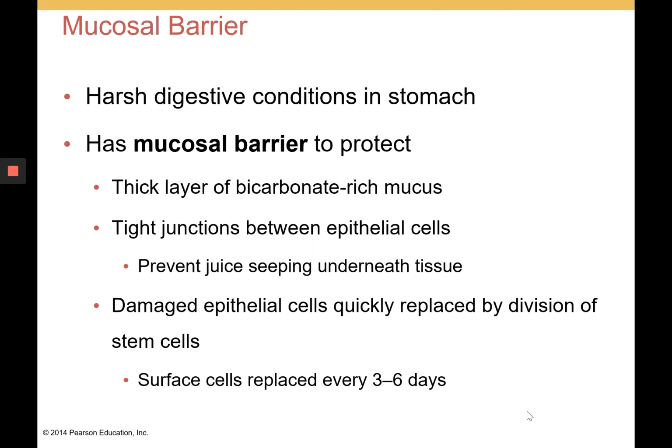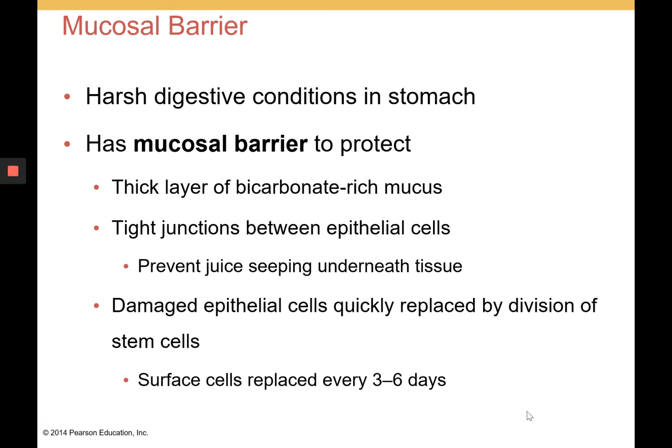The mucosal barrier of the stomach is actually a bicarbonate-rich mucosal barrier that prevents the acid produced by parietal cells from destroying the stomach itself. All of the epithelial cells that we find in the mucosa of the stomach have tight junctions holding them together, and this prevents the acidic gastric juice from seeping underneath that mucosa and into the submucosa and deeper tissues.